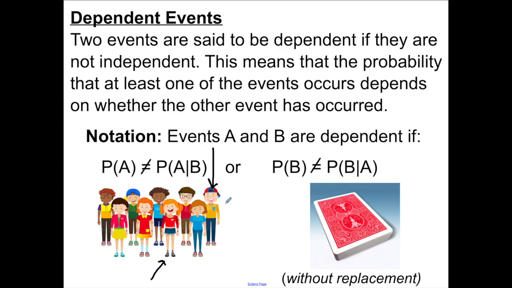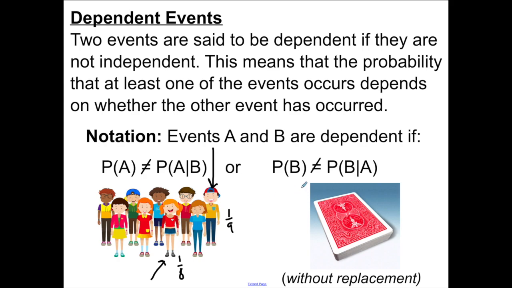So there's 2, 4, 6, 8, 9. Originally there was a 1 in 9 chance of choosing this guy. Given that one person has been removed, there's now a 1 in 8 chance of her being chosen. So you can see the conditional probability is not the same as the original.